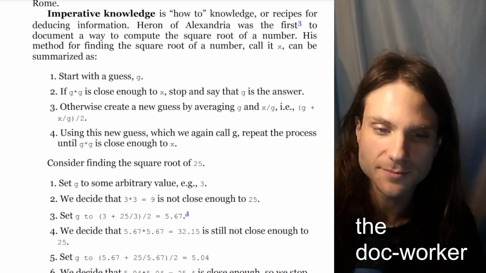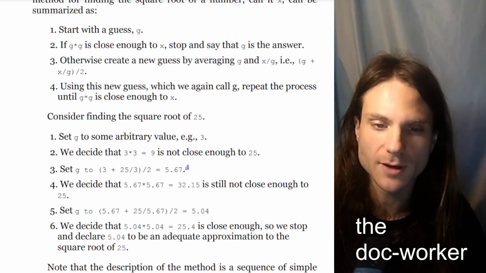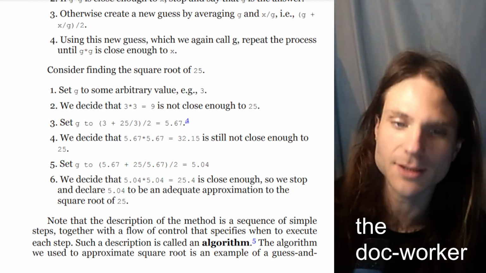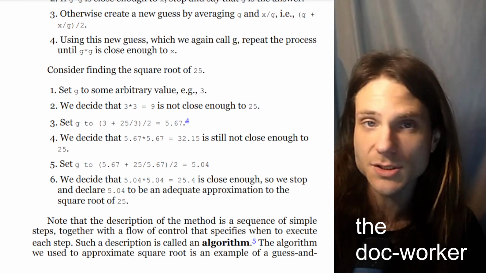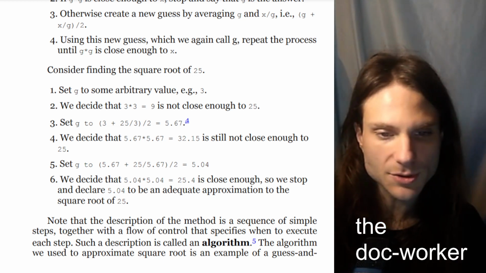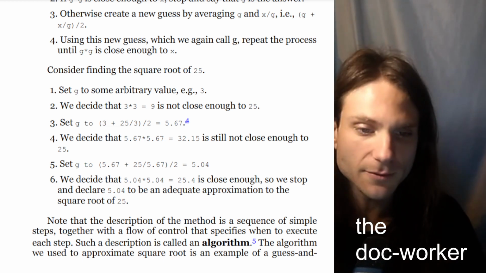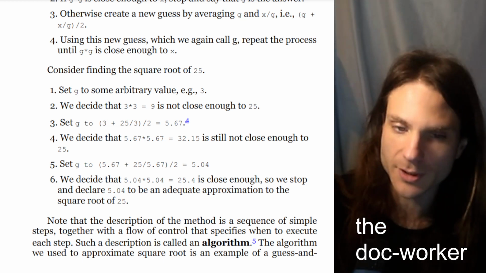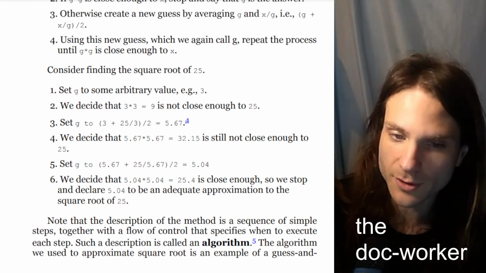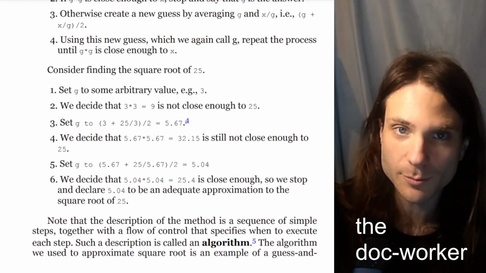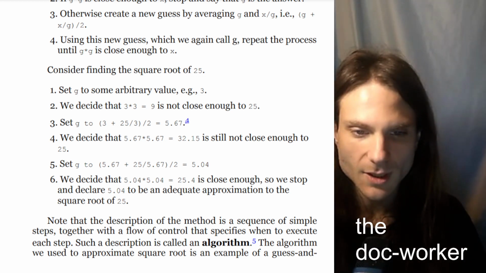So let's consider finding the square root of a specific number, 25. 1. Set g to some arbitrary value, such as 3. 2. We decide that 3 times 3, which equals 9, is not close enough to 25. 3. So, we set g to 3 plus 25 over 3, divided by 2, which is equal to 5.67. 4.